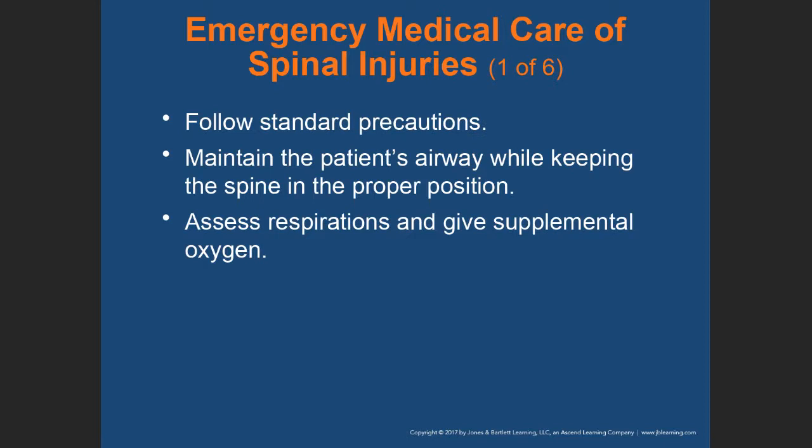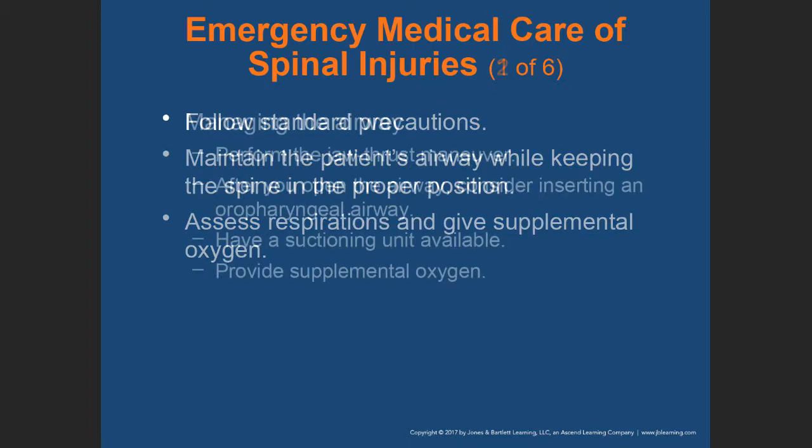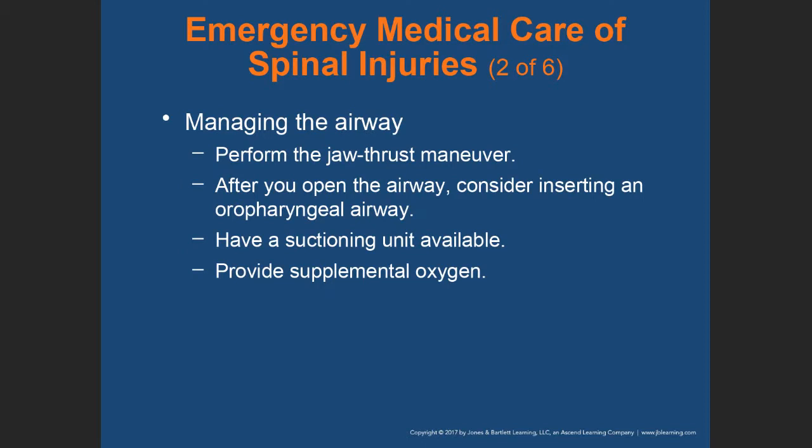All right, now emergency medical care of spinal injury. Follow your standard precautions. Maintain the patient's airway while keeping the spine in a proper position. Assess respiration, give supplemental oxygen. Manage with jaw thrust. After you open the airway, consider an oropharyngeal airway if it is indicated.